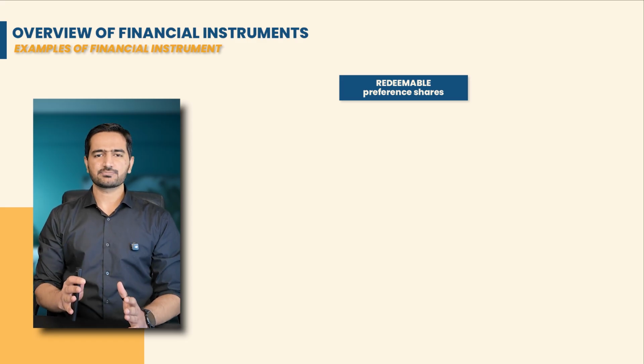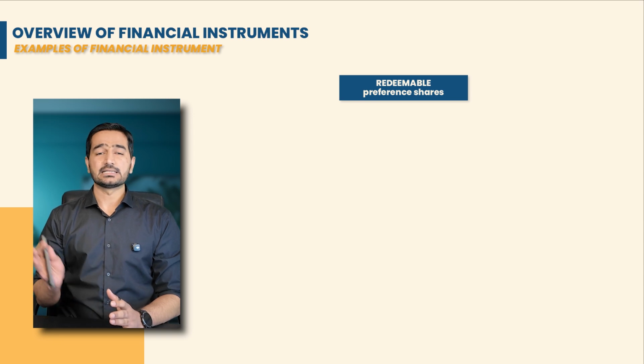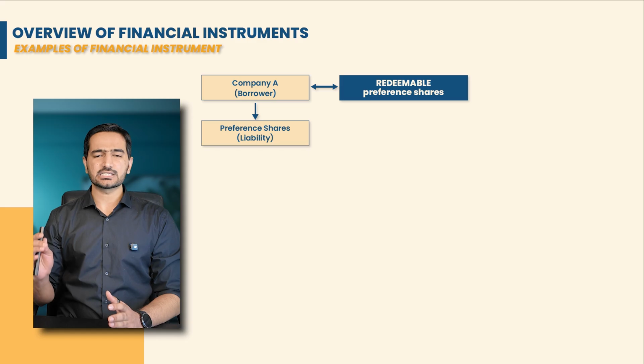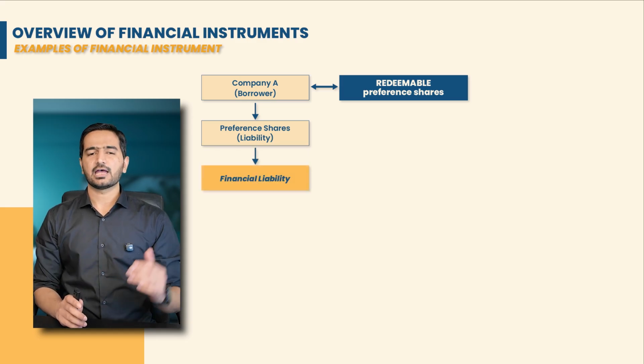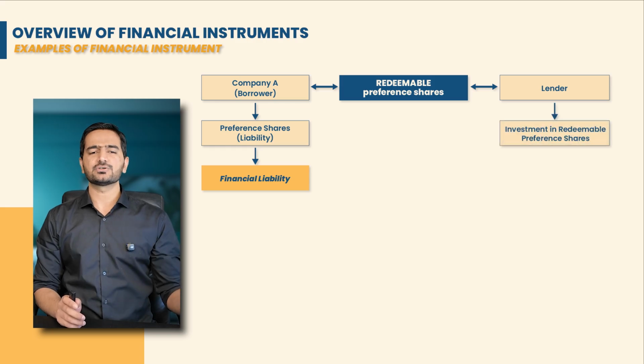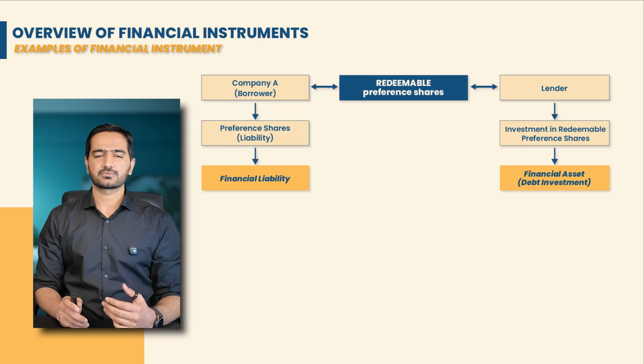So in substance, this is a liability. The company has a contractual obligation to repay. So from Company A's perspective, redeemable preference shares is a financial liability. And from the investor's perspective, investment in redeemable preference share is a financial asset, specifically a debt investment.